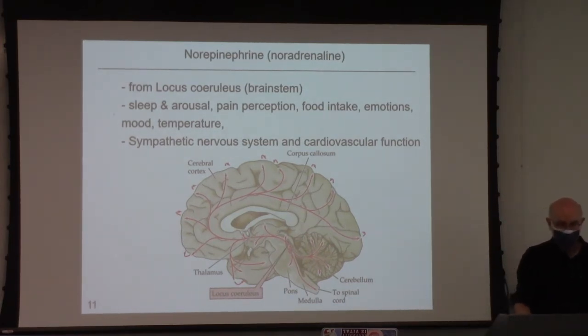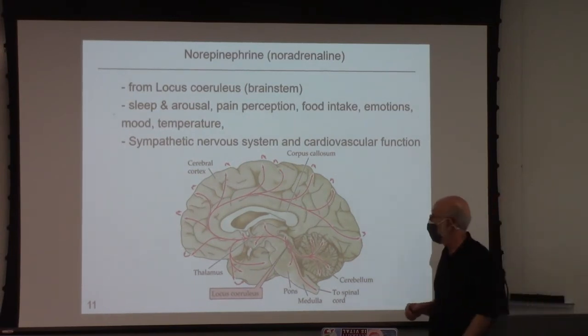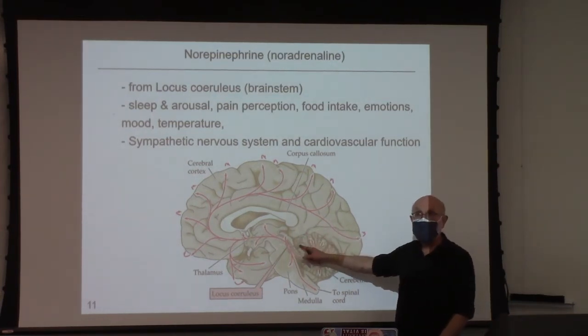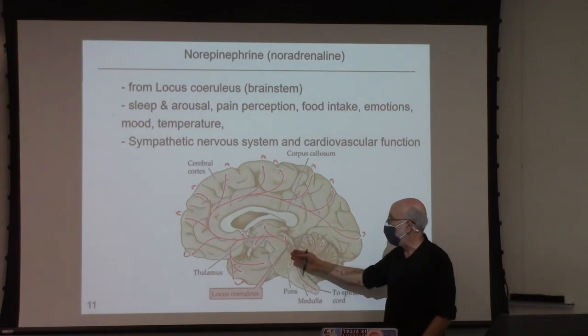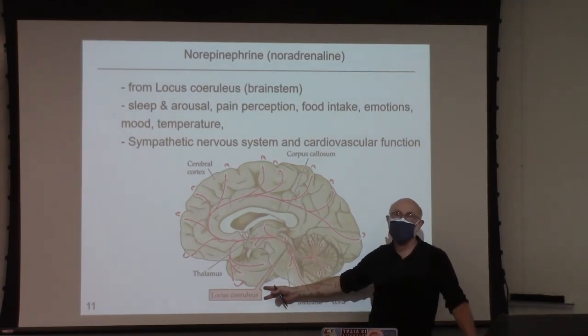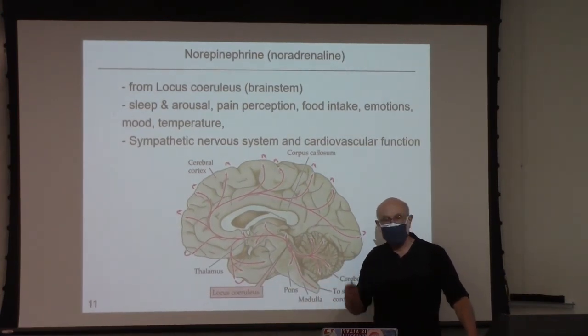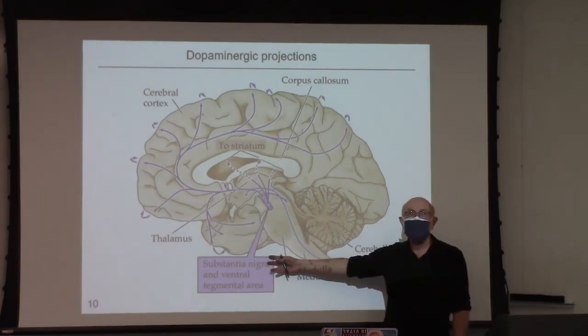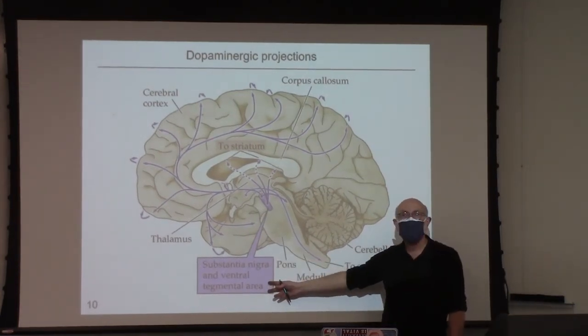So now let's transition from dopamine to norepinephrine, another catecholamine. Like dopamine, there are cell bodies in the brainstem in an area called the locus ceruleus. So now your question is, do I need to know the name substantia nigra and ventral tegmental area?